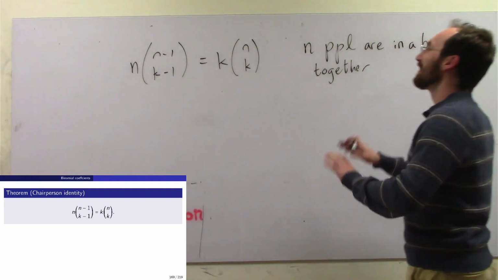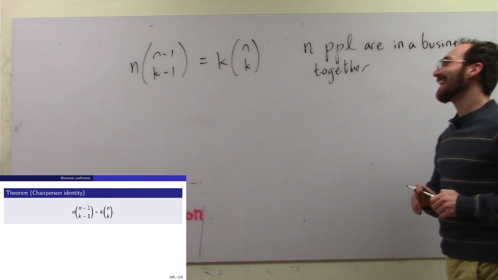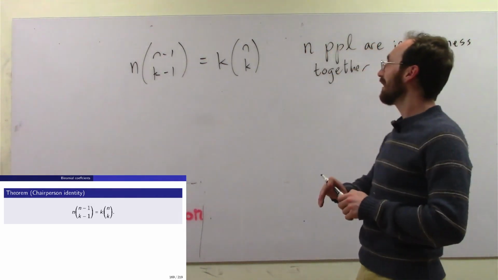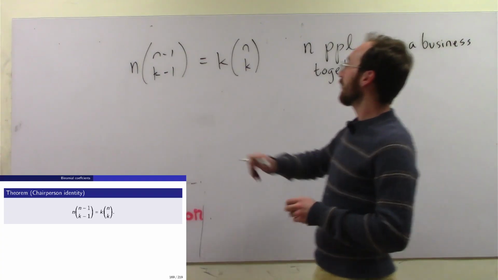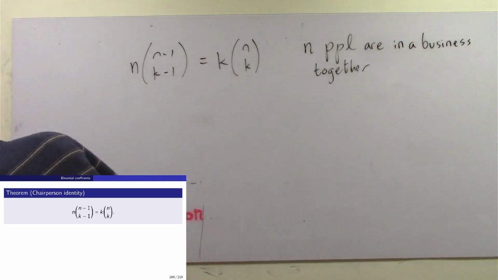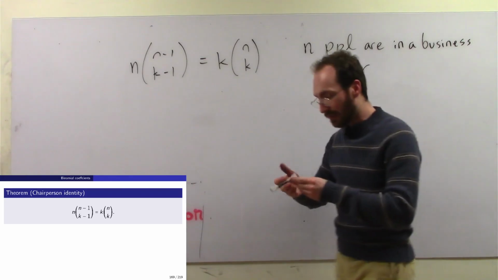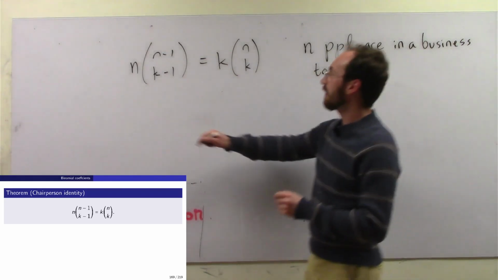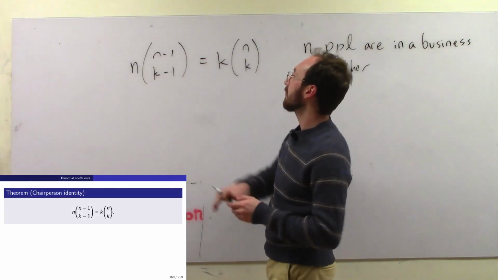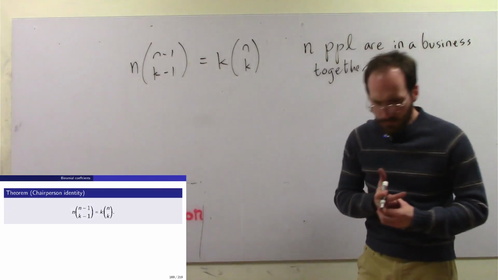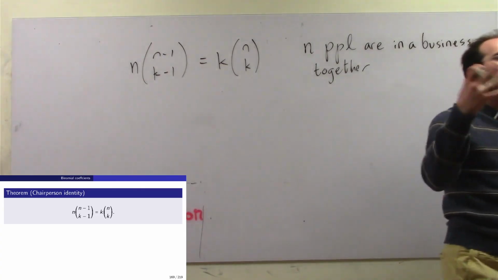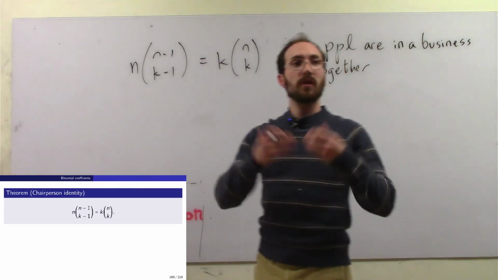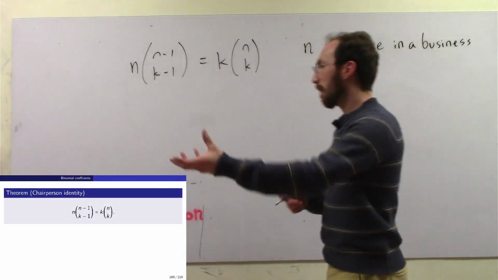Okay, so let's try and count this in two ways. If we can count this in two ways, then the two things are actually equal. This is that whole double count idea. So what's the left-hand side saying? From these n people, I can choose one of them to be my chairperson.